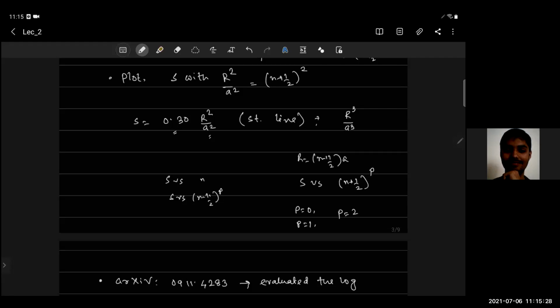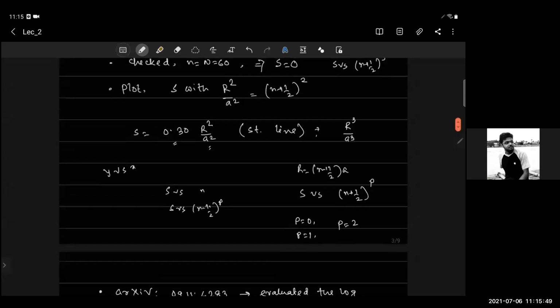When the curve is y equals x squared, when you plot y versus x, it's not a straight line. But when you plot y versus x squared, yes. But when you plot y versus x cubed, you still don't get a straight line, right? No, you won't get a straight line. So that's why I'm saying that when you're plotting against other higher powers of n plus half, you are not getting a straight line, right?